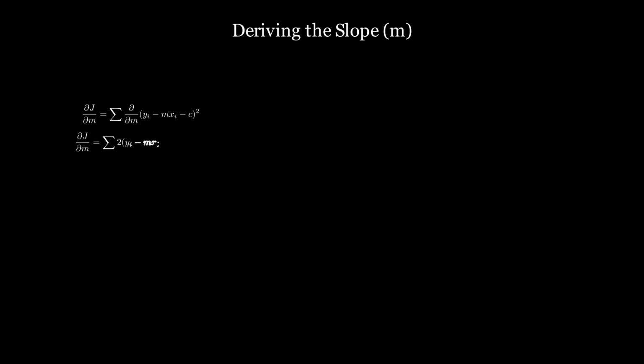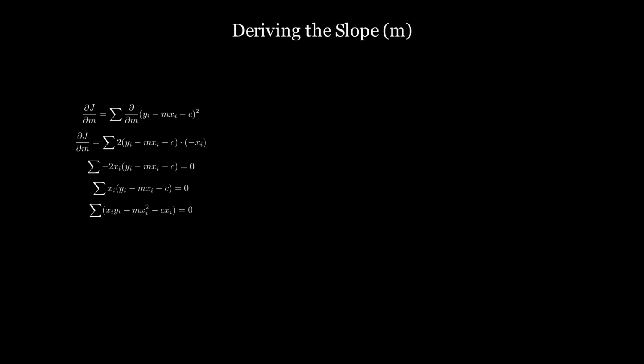The derivative of the inner term, y sub i minus mx sub i minus c, with respect to m, is -x sub i. So the partial derivative is the sum of 2 times the residual, multiplied by -x sub i. We set this equal to 0 to find the minimum. Dividing both sides by -2 simplifies the equation. Now we have the sum of x sub i times the residual equals 0.